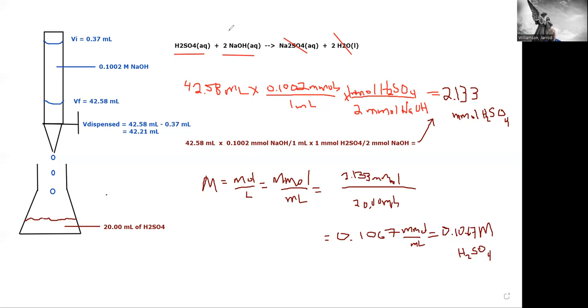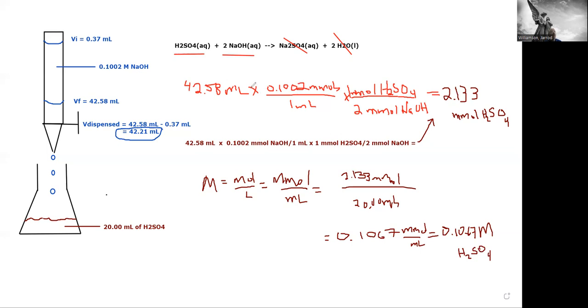Again, sloppy penmanship, but the point I wanted to show you was that if I just realize 0.1002 molarity is 0.1002 moles per liter, which is the same thing as 0.1002 millimoles per milliliter, then I can do everything in terms of millimoles and milliliters. So I took 42.58 milliliters and 0.1002 millimoles per milliliter.